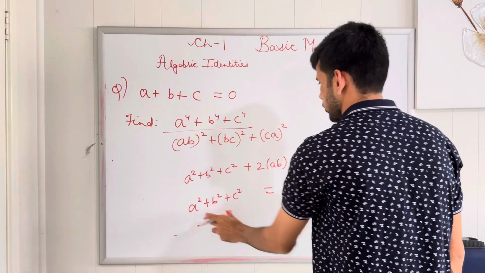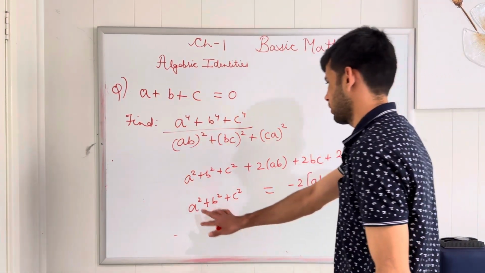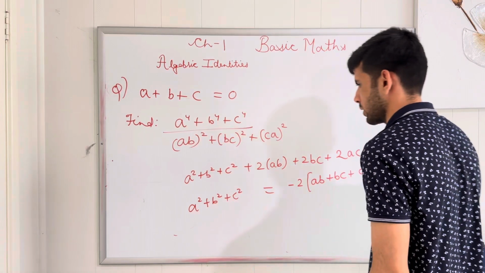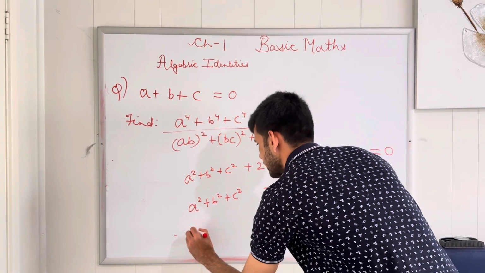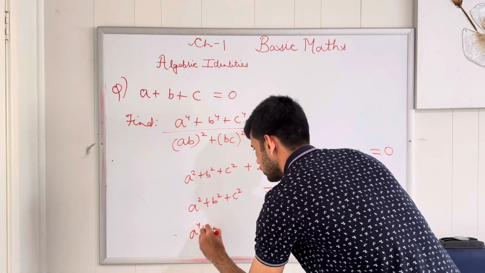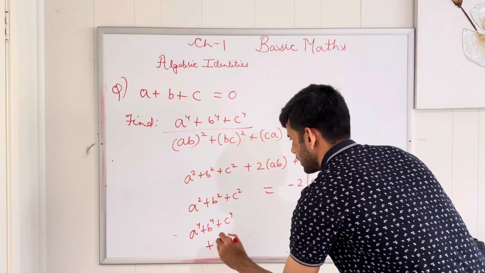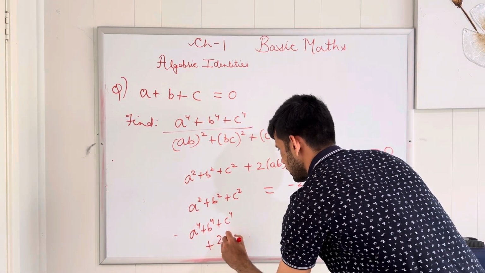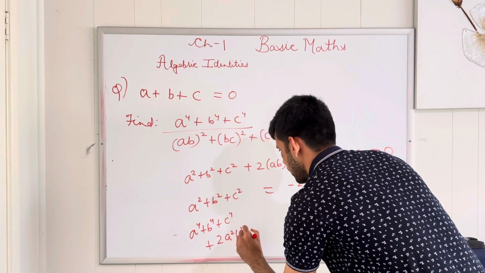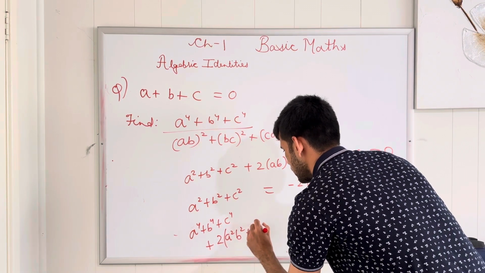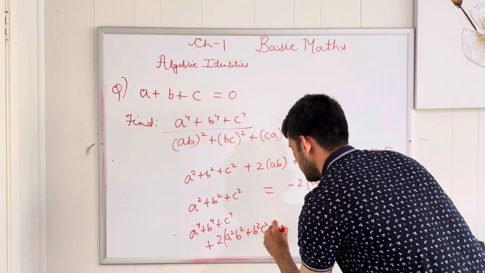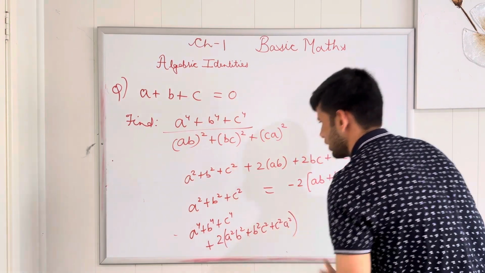And now if you look at it, this one, if I again take whole square of this term, so this will be a to the power 4 plus b to the power 4 plus c to the power 4, right? And plus 2 times a square b square plus b square c square plus c square a square, right?